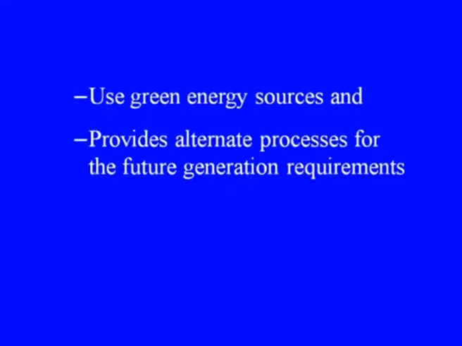Then use of green energy sources provides alternate processes for the future generation requirements. So, these are some of the primary considerations for better manufacturing in future. In most of the cases, the conventional manufacturing produces a lot of greenhouse gases or some detrimental products to the environment, which is not a good sign for the future of mankind.